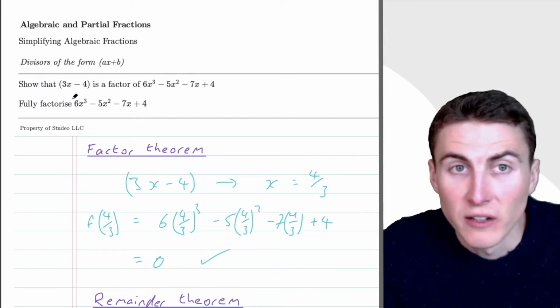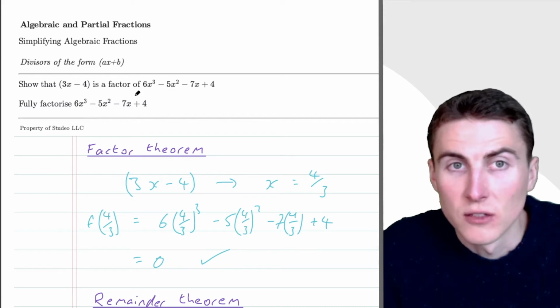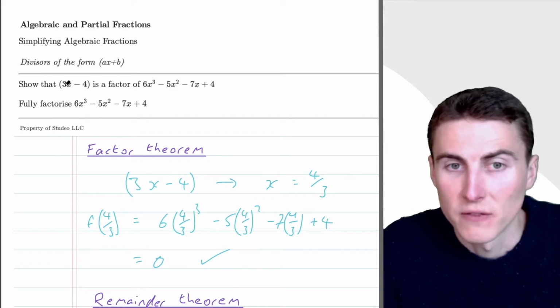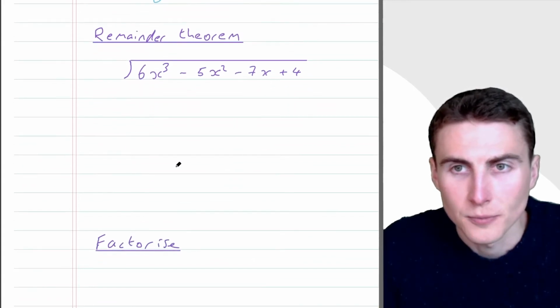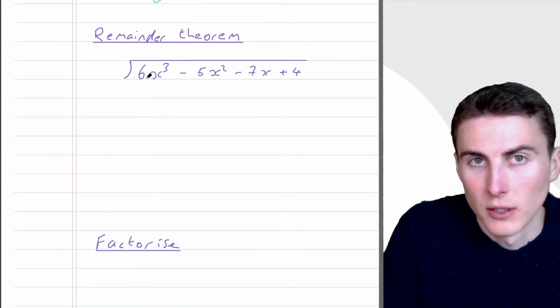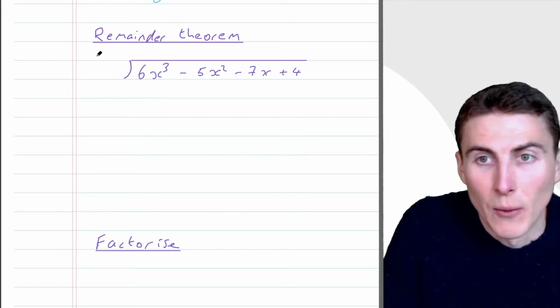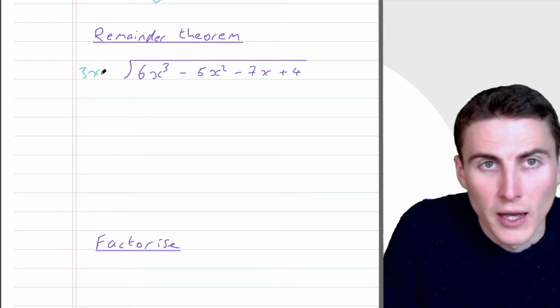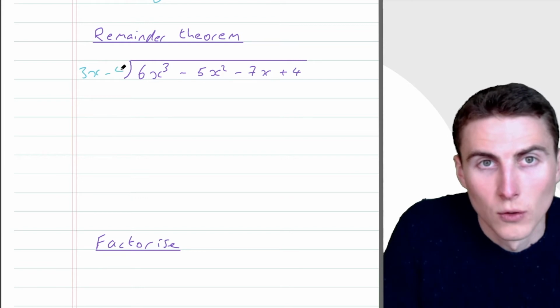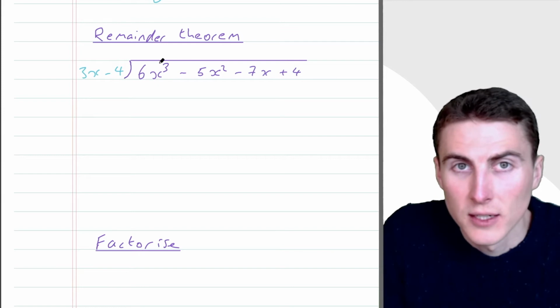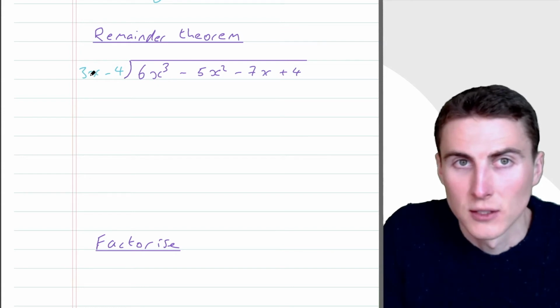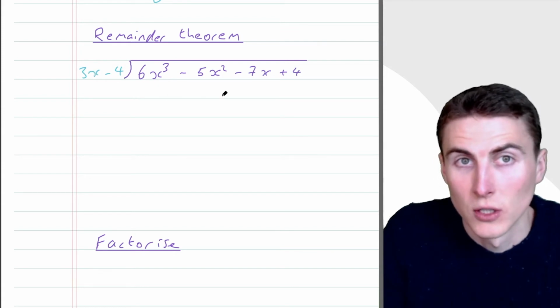Next up, we need to fully factorize it. So we're going to have to divide this cubic by this factor, using polynomial division. I've written out the expression here, and we're going to divide this by 3x minus 4. Like always with these things, the first thing to do is divide the 6x cubed by the 3x, which would give us 2x squared.